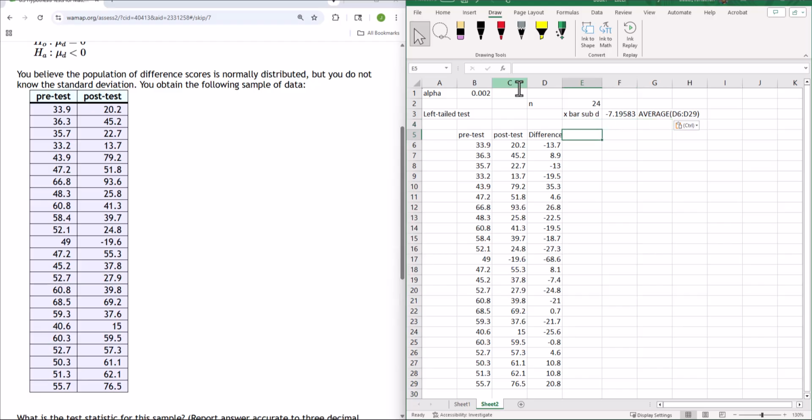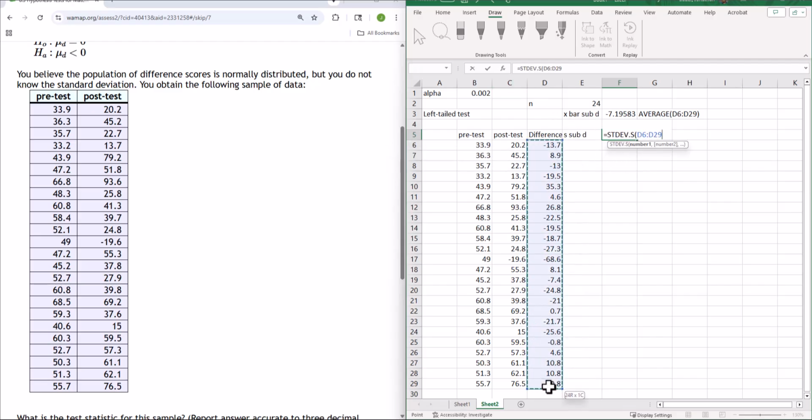And then we also want S sub d, which is the standard deviation of the differences. Again, we're dealing with a sample here, so this is the standard deviation of the sample. We're trying to make inferences about the population, but we're using this stuff here. So if we don't have the numbers, we've got to find them first. Now we've got x bar sub d, we've got S sub d.